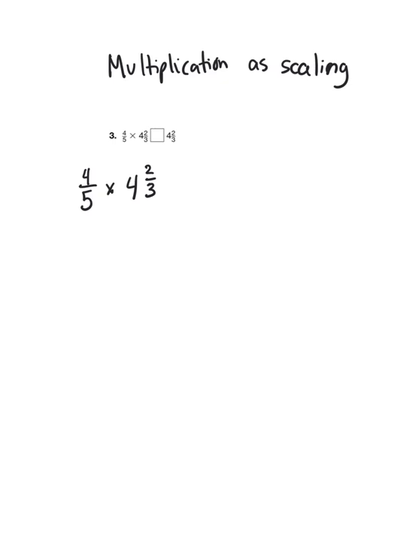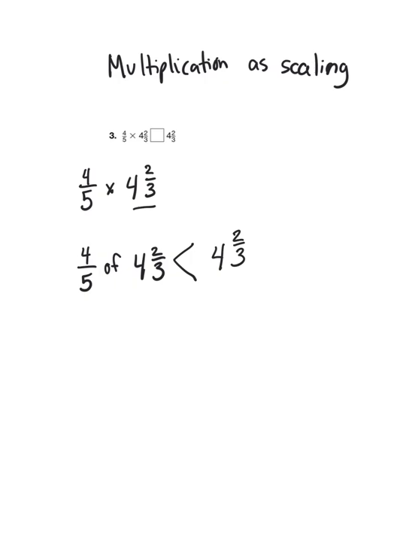So we're going to take a piece or a portion of this amount. Essentially what we're going to do is we're going to take 4/5 of 4 2/3. And that amount is, of course, going to be less than 4 2/3 because we're only taking a piece of it.